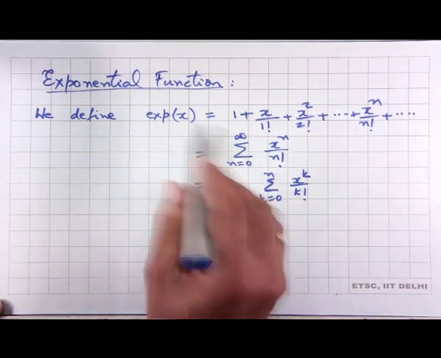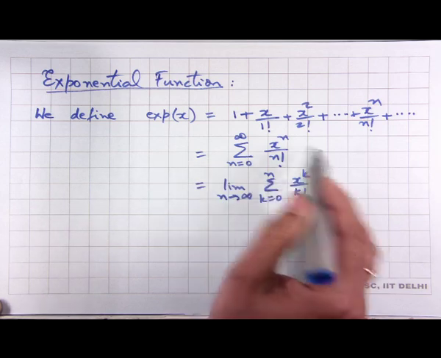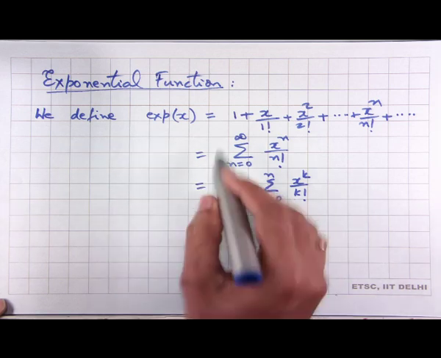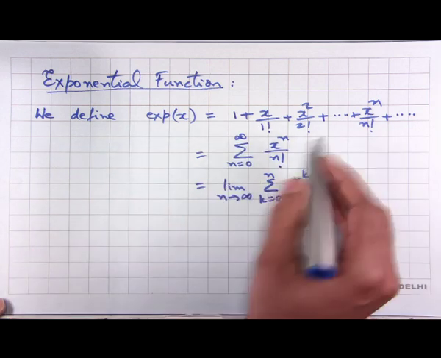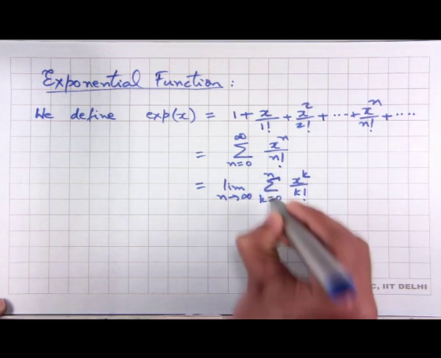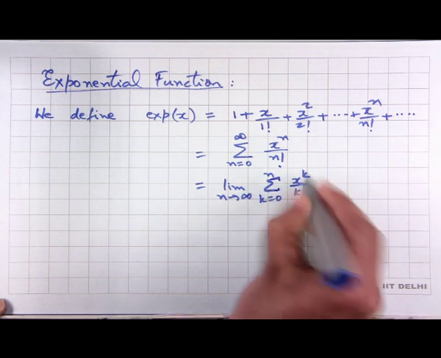So, this is called a power series, where we write a function as an infinite series, and any infinite series we can write as the limit of a finite series.